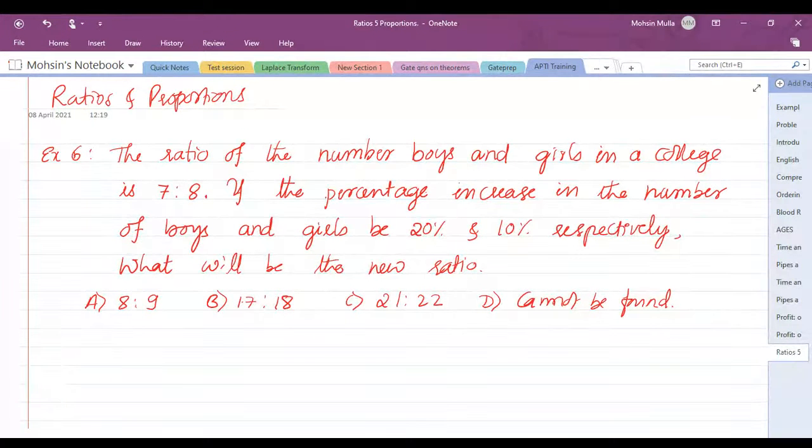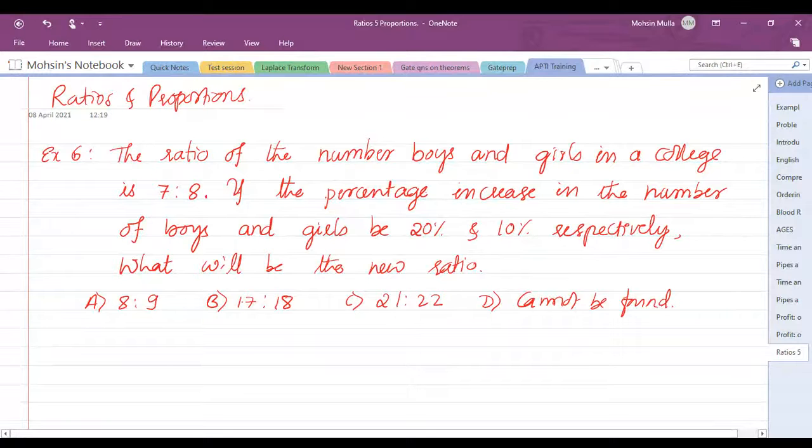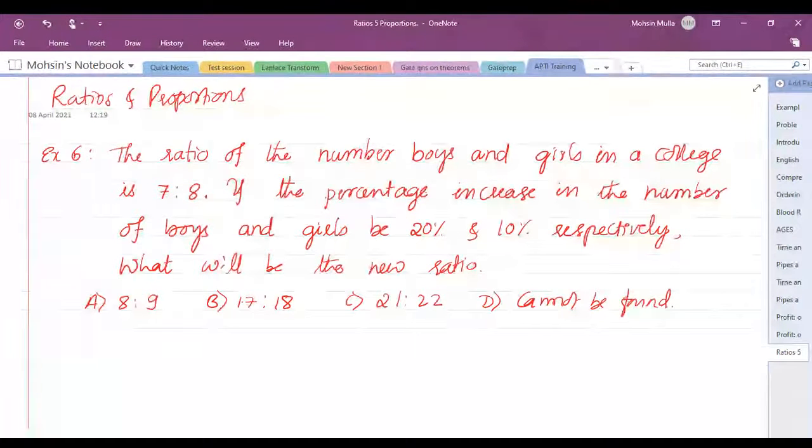Now after lateral entry or direct second year students, the number of boys and girls has changed. They have given that there is an increase in the number of boys by 20% and in the number of girls by 10% respectively. So what would be the new ratio between boys and girls? That we have to obtain here.